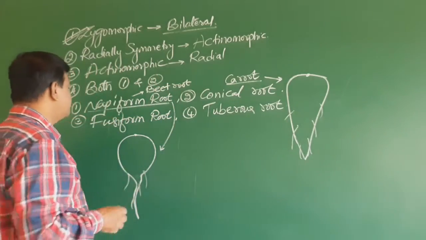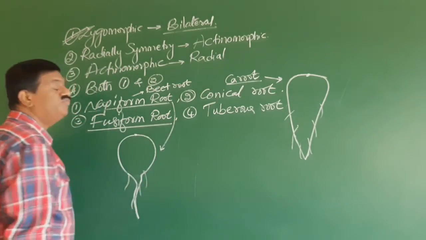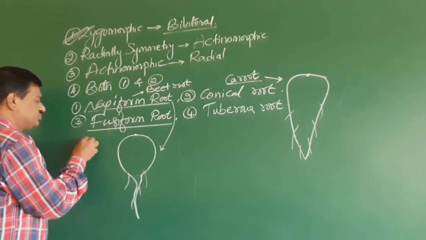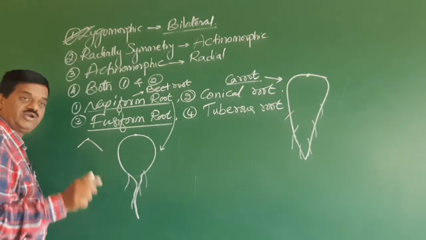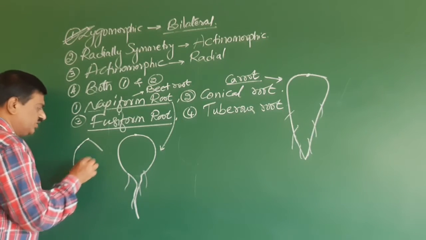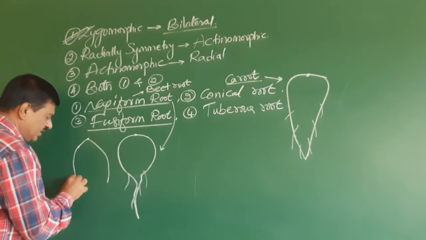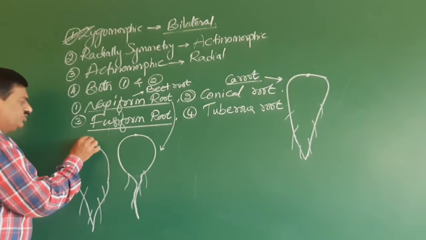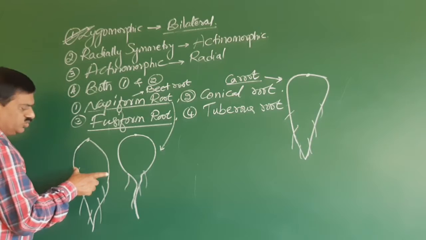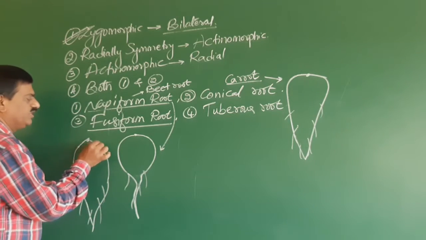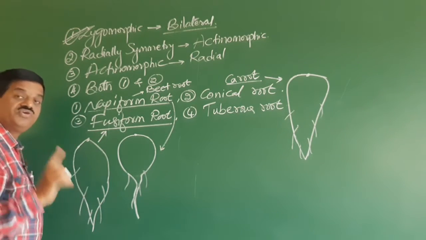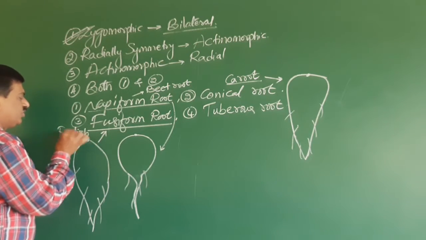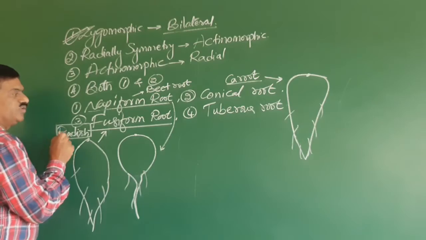When we go for a fusiform root, the radicle gives rise to narrow swelling and gradual tapering can be noticed like this. This is called a fusiform root, and the example for this is radish, Raphanus sativa.